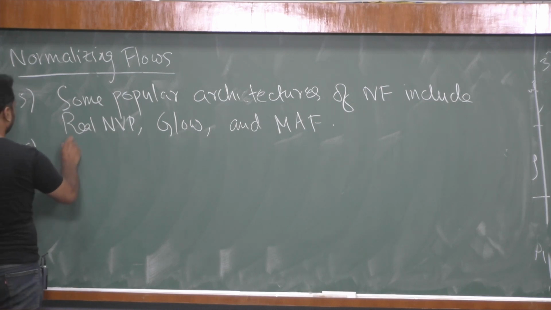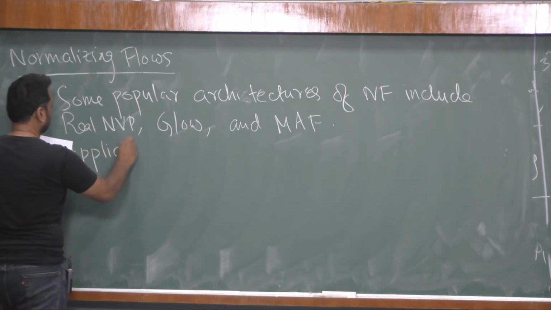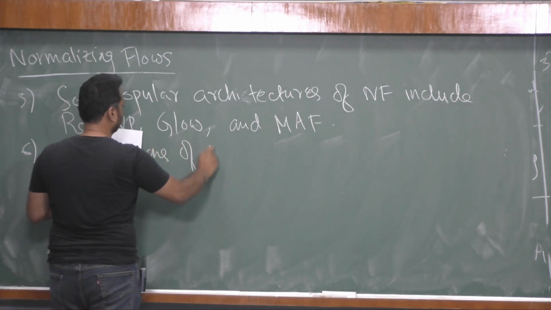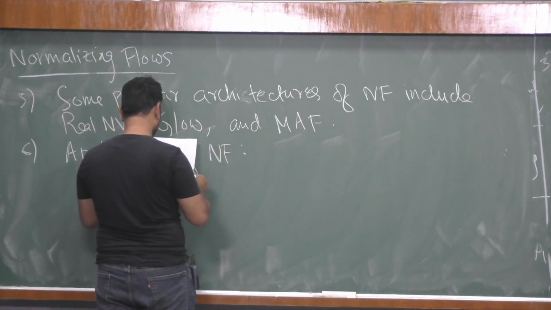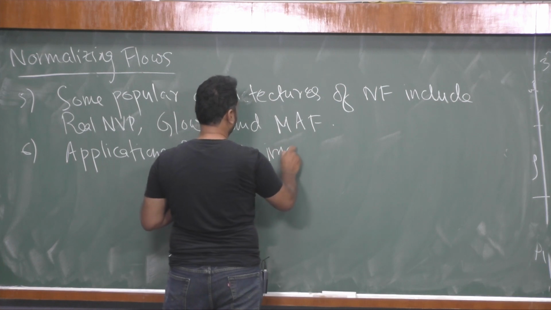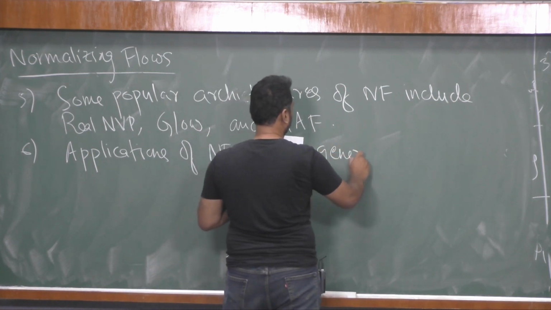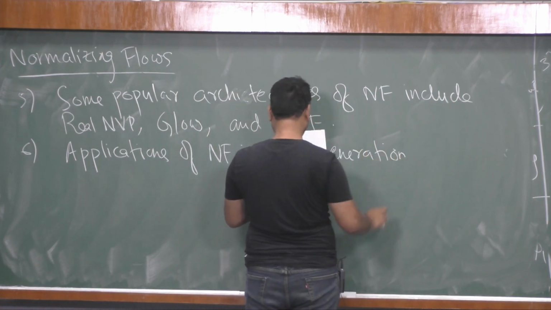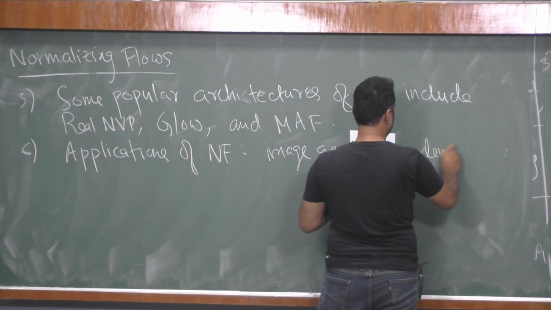So applications of normalizing flow are in image generation, obviously, and density estimation.